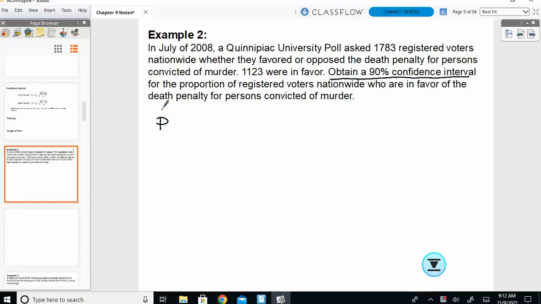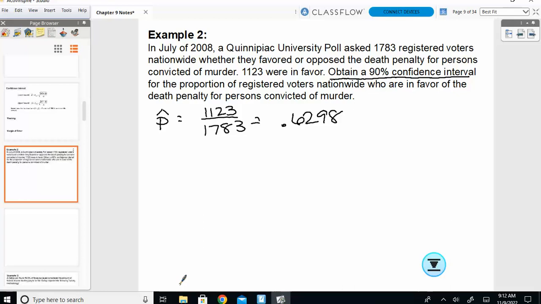So our p-hat, just like we were doing before, is x over n, 1,123 over 1783. And what did that turn out to be? 0.6298, is that what we had yesterday? Okay. So then we need to do a couple things.